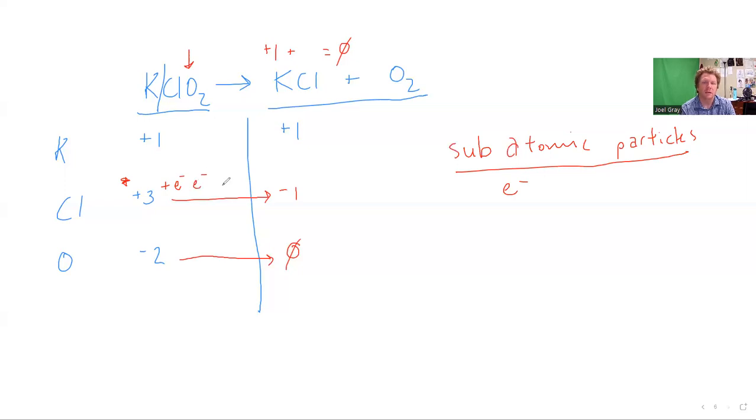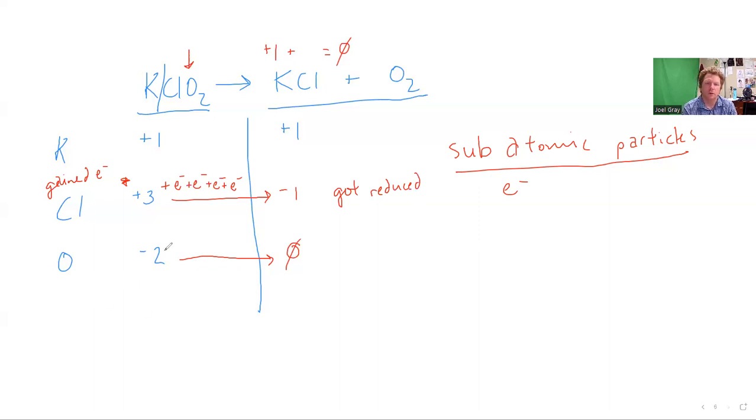If we added a second electron, now it would be +1. A third electron, now it would have a charge of 0. If you added a fourth electron, that would get us our -1 charge. So chlorine added electrons. Reading left to right on the reaction, we gained electrons. Therefore, chlorine gained electrons, so it was reduced.